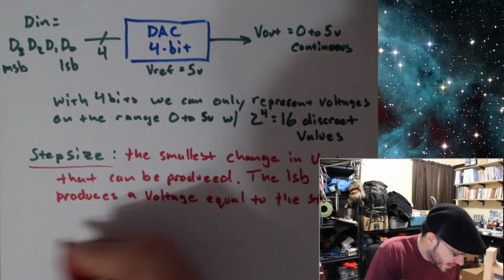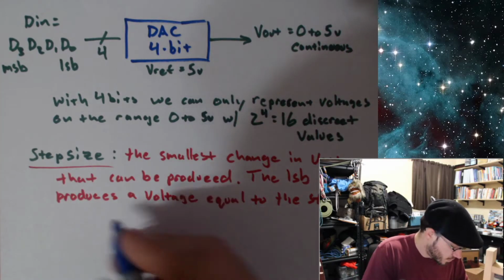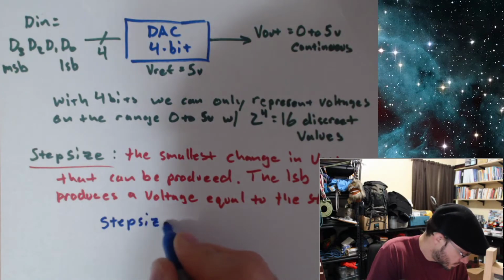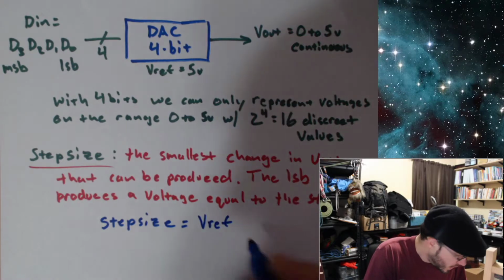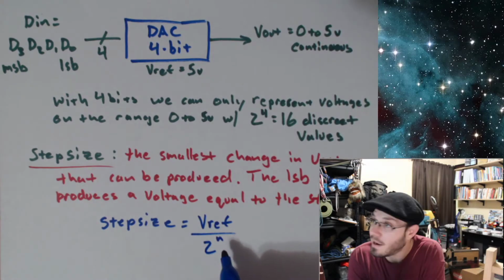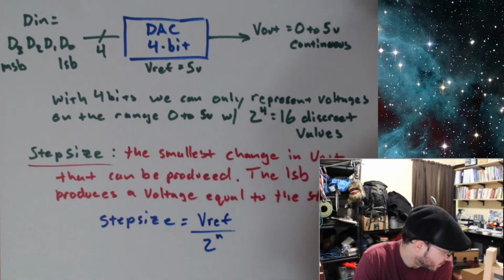Now, you calculate the step size as Vref divided by 2 to the n, where n is the number of bits of your digital to analog converter.